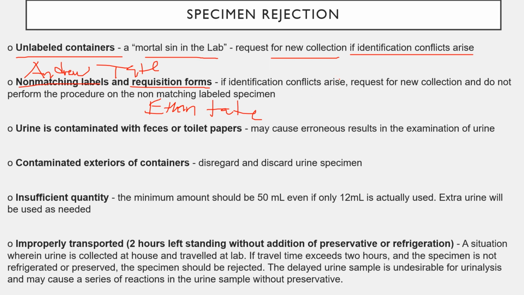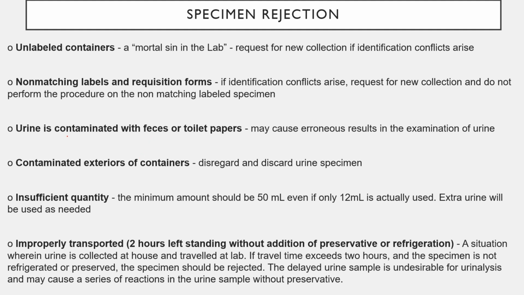Automatically, class, this type, you need to have a repeat collection, or you need to have the nurse or the patient correct them by providing ID. So you could request a new collection and do not perform the procedure on the non-matching labeled specimen.